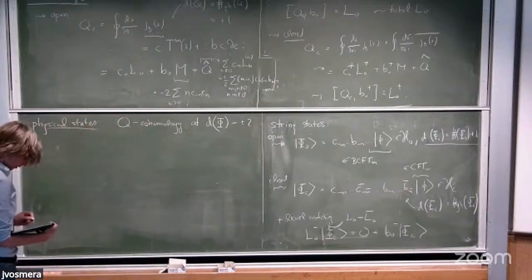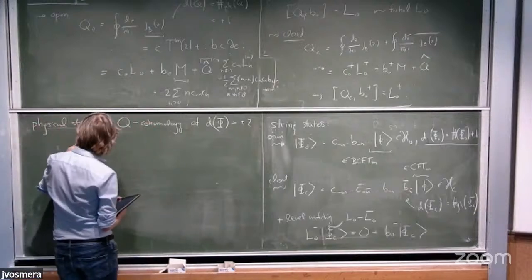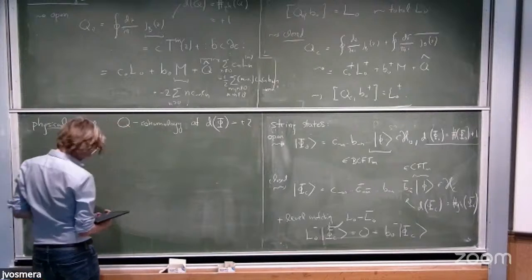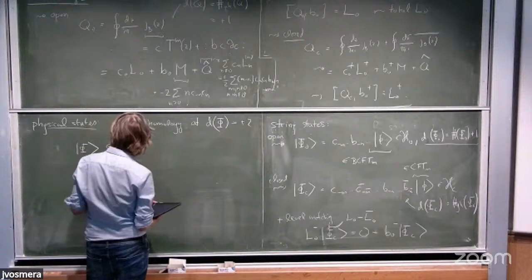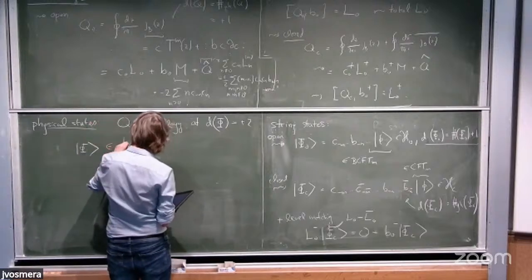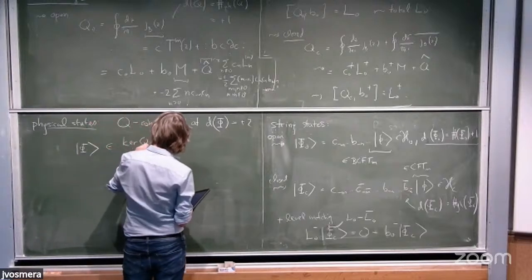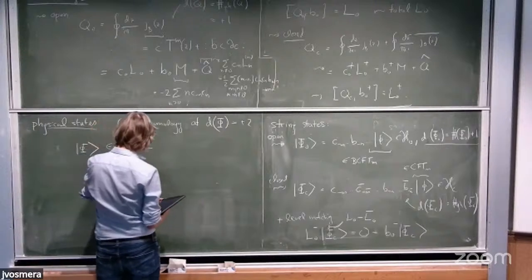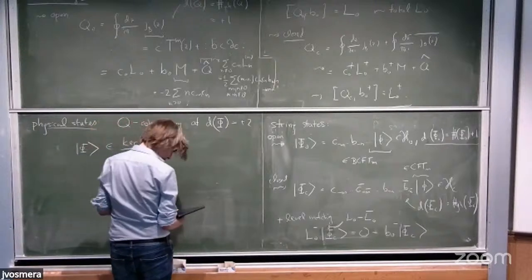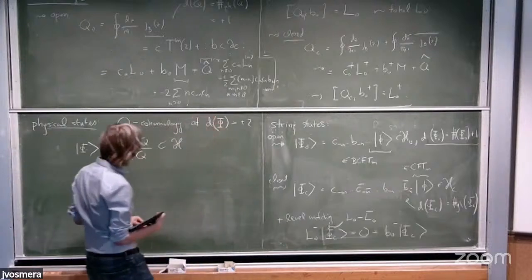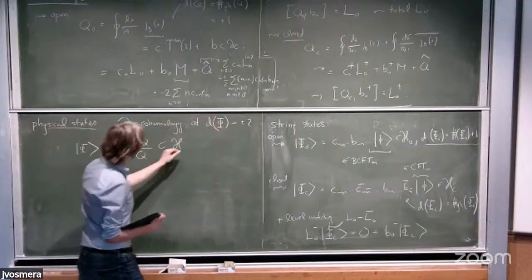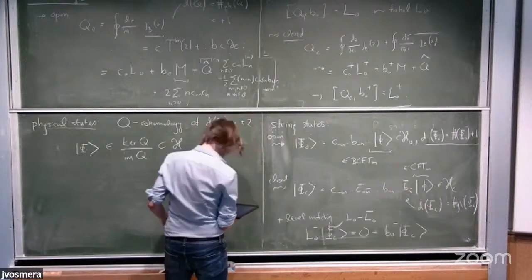So this is as good as saying that a string state phi is physical if it belongs to the kernel of Q, modded out by the image of Q, restricted to the subspace of degree +2.